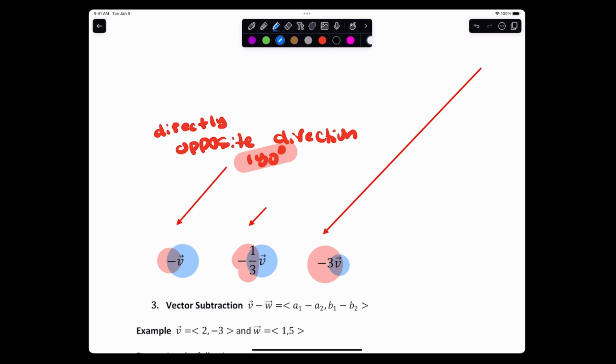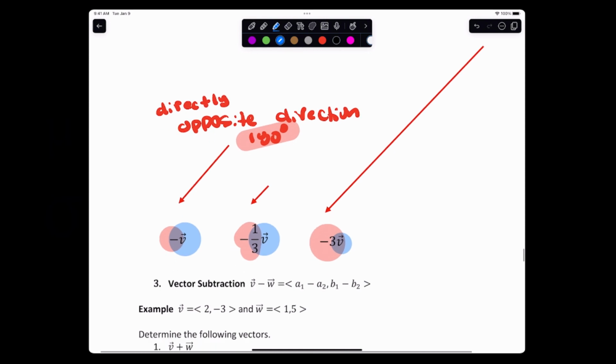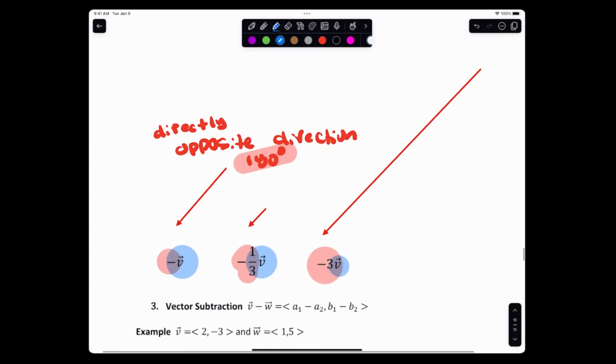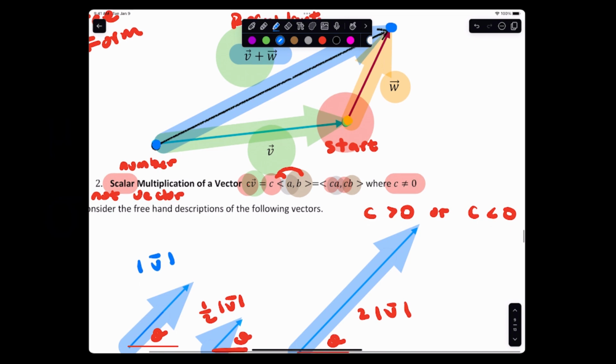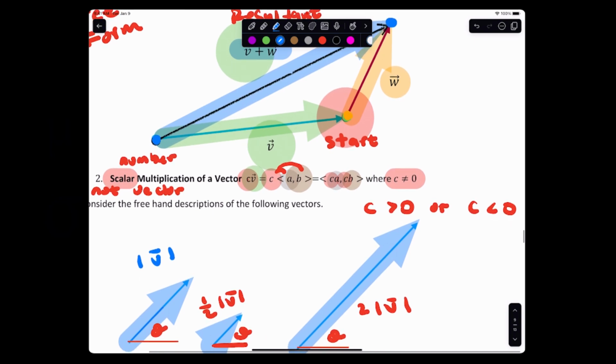So I want you guys to see this picture, because when you have a negative value, it changes the direction of the vector to be completely opposite. I say directly opposite by 180. And so this is another property in freehand, but in the component form, you just distribute, whether the number is positive or negative, and we're going to see that.